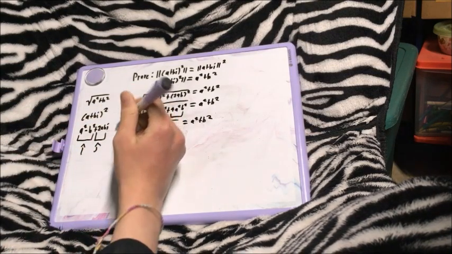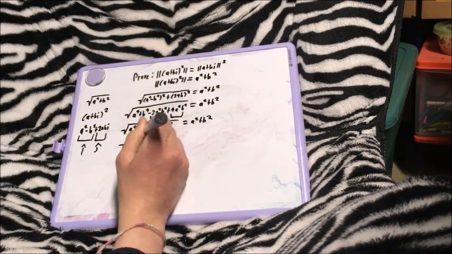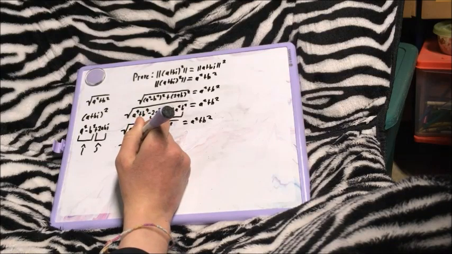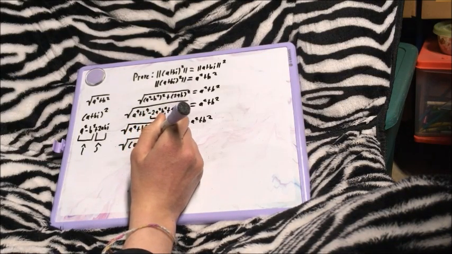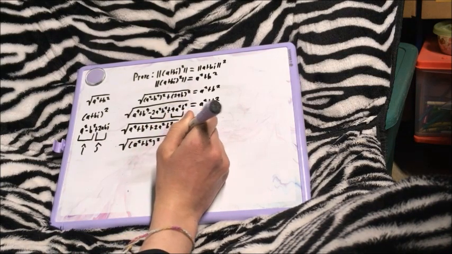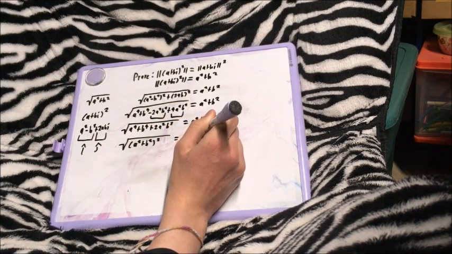Now, we can simplify this as the square root of a squared plus b squared, squared, equals a squared plus b squared.